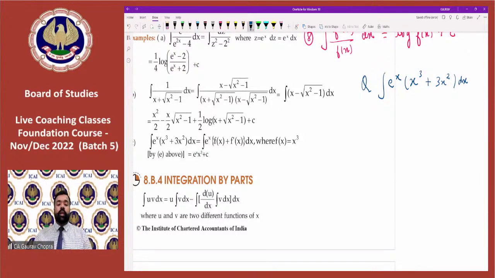Now this is again one formula which we can easily see that x cube is the function and its derivative is 3x square, that is f dash x, and outside this bracket e to the power of x is written. So it is the same situation. So we can directly write the answer e to the power of x and then x cube plus c. This is the answer.